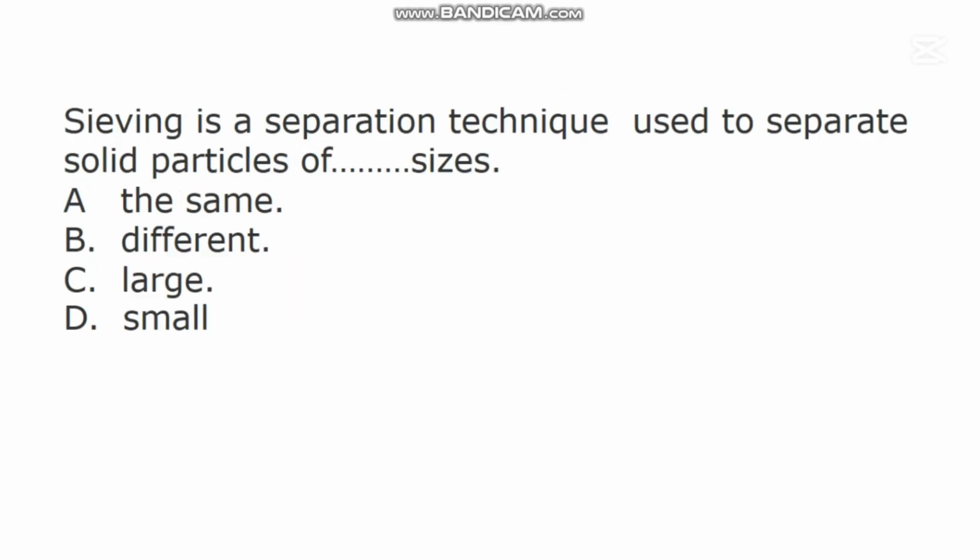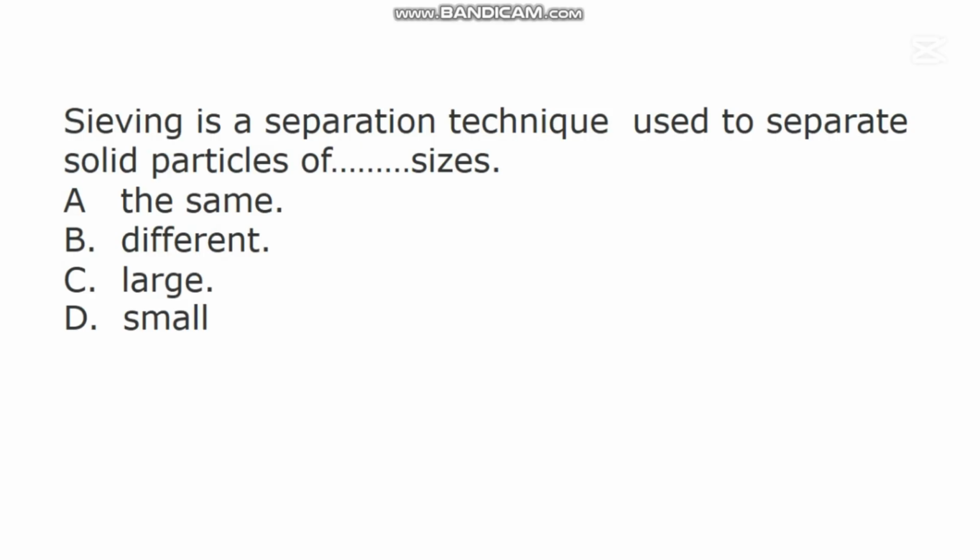The next question says, sieving is a separation technique used to separate solid particles of dash sizes. A. The same sizes. B. Different sizes. C. Large sizes. D. Small sizes.